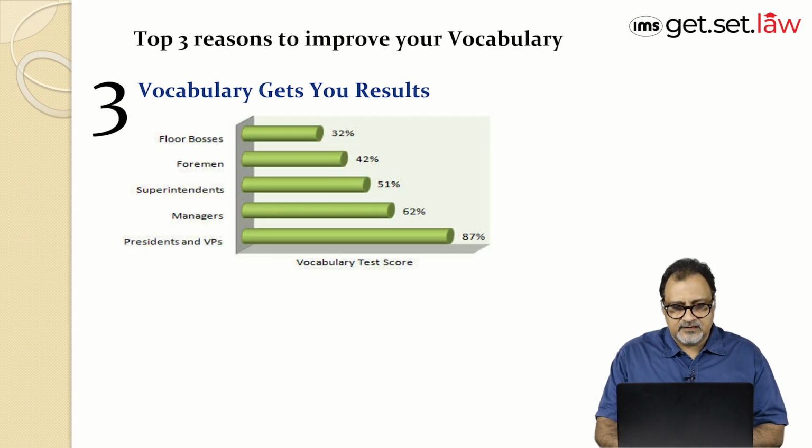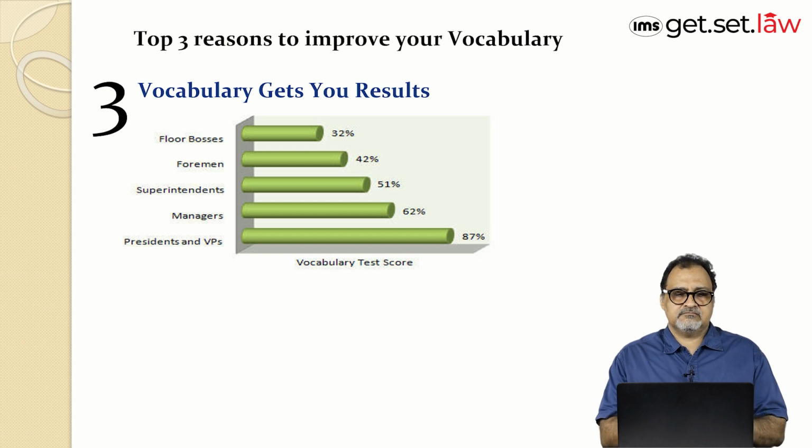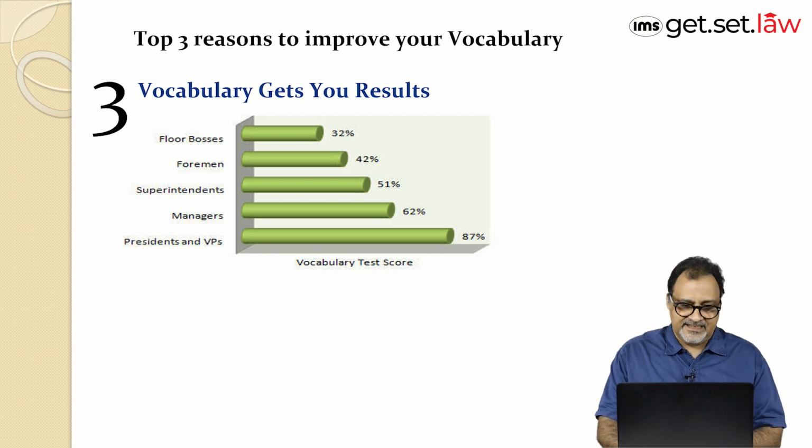And then vocabulary gets you results. So this was a test done that found floor bosses have a 32% score on a vocabulary test, foremen have 42, superintendents have 51, managers have 62, presidents and VPs have 87.